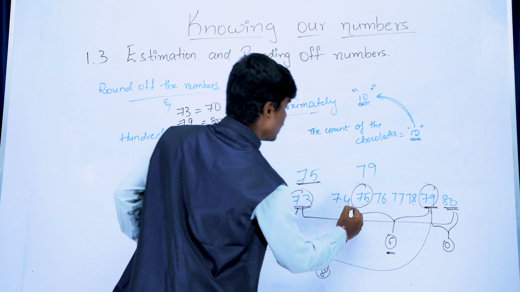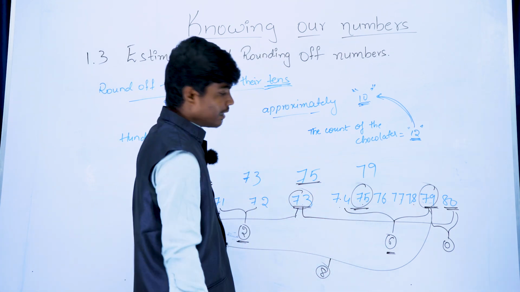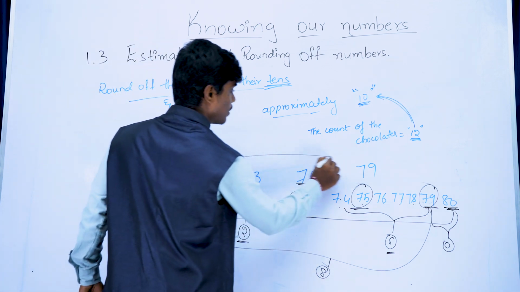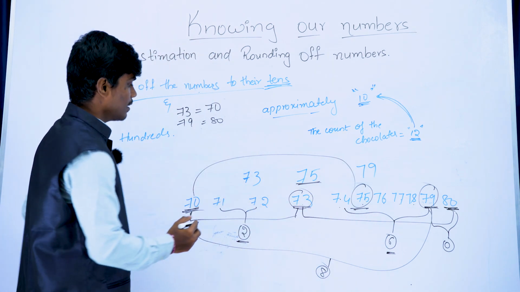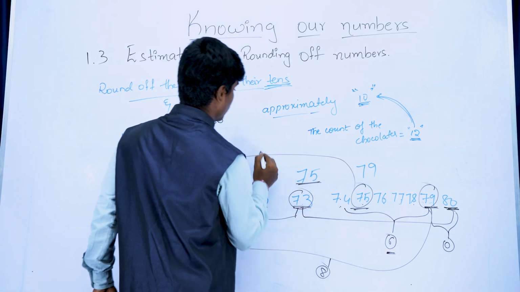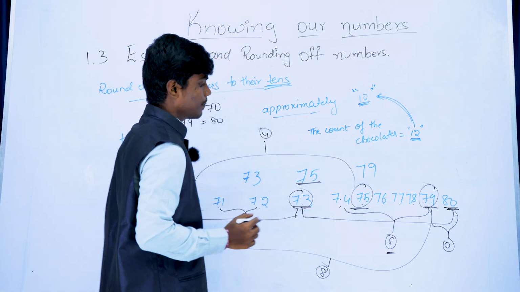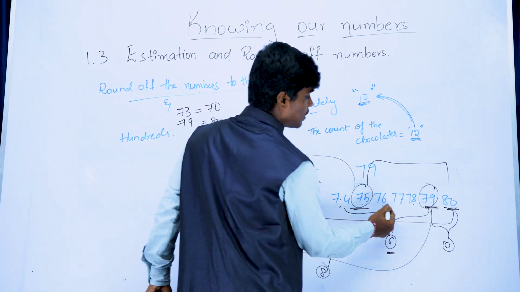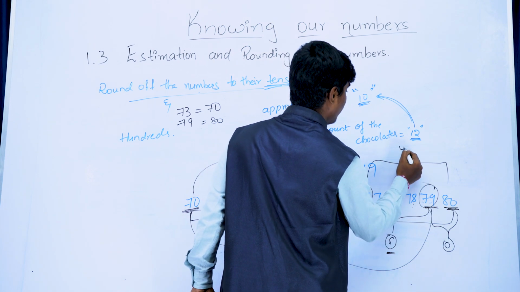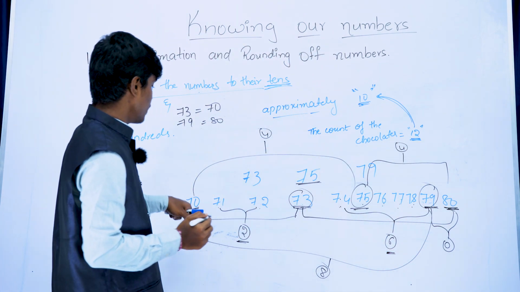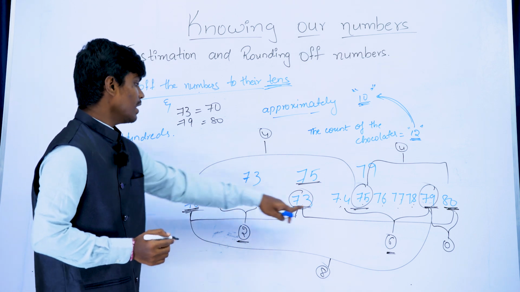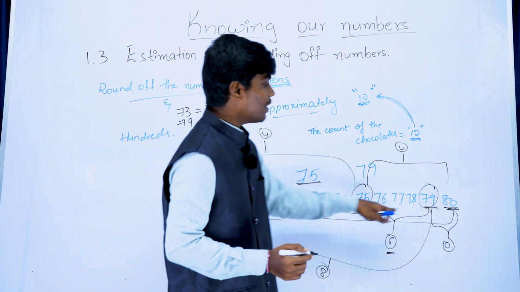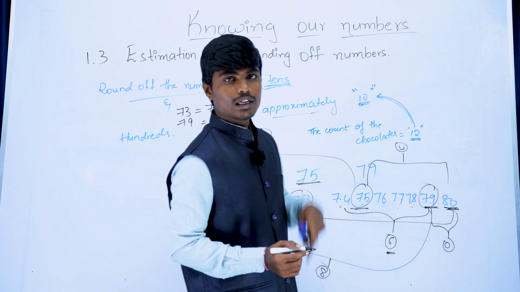See, here we have 75, 70 and 80. The numbers between 75 and 70: 1, 2, 3, 4. Here we have 4 numbers, and between 75 and 80: 1, 2, 3, 4. Here also we have 4 numbers. From 75 to 70 the distance is 4 numbers, and from 75 to 80 the distance is also 4 numbers.